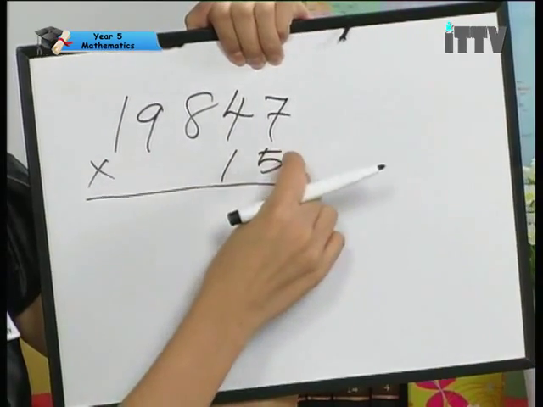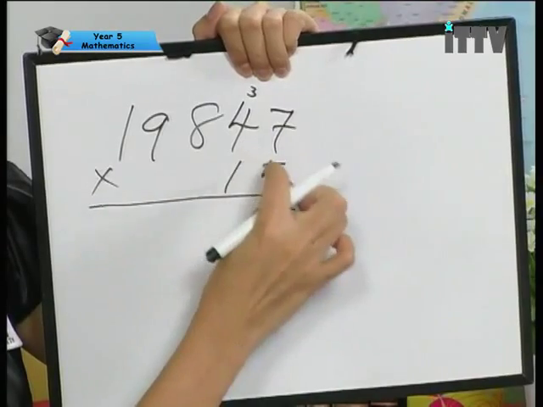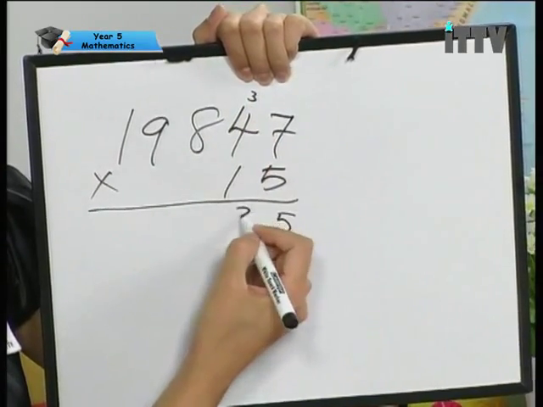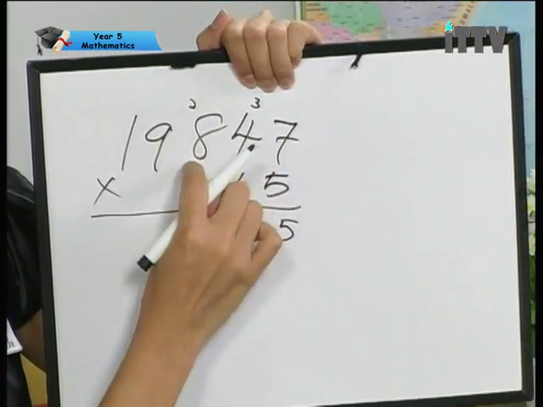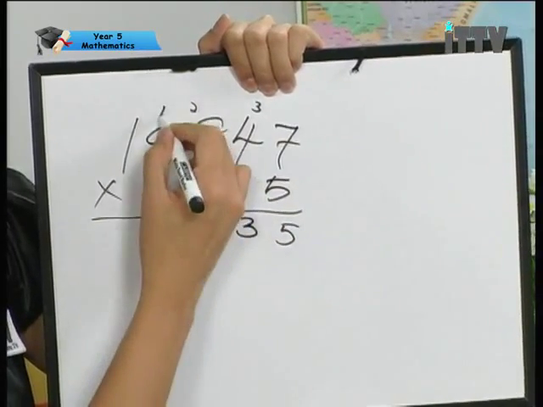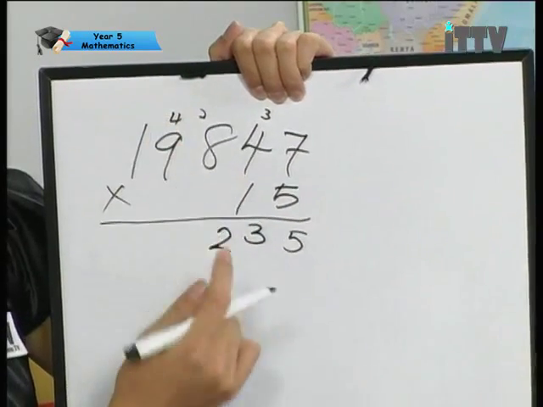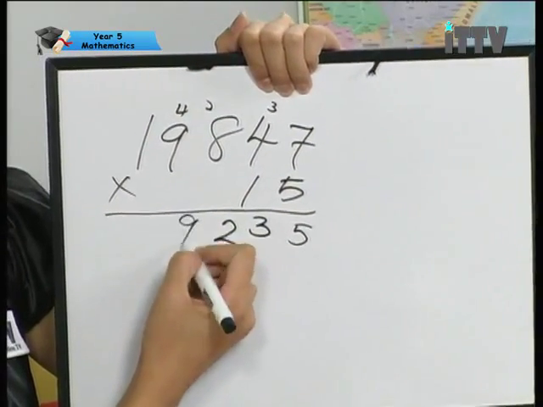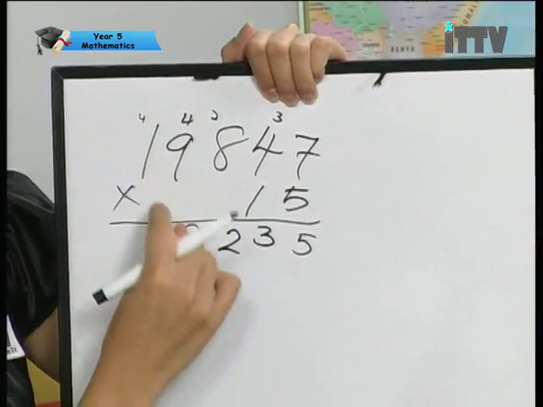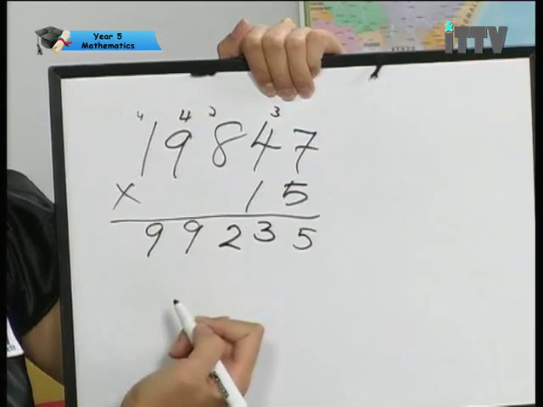Multiply 5. 5 times 7, 35, 3. 4 times 5, 20, plus 3, 23. 8 times 5, 40, plus 2, 42. 9 times 5, 45, plus 4, 49. 4 over here. 1 times 5, 5, plus 4, 9.